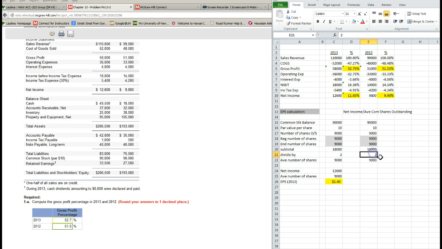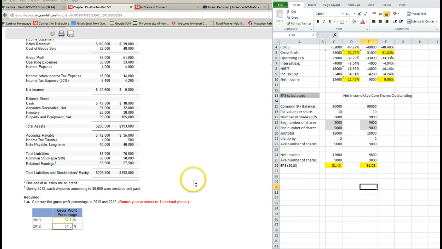We would divide that number by 2 to get the average number of shares for 2012, and that would be 9,000 shares. So again, we would do the calculation, except of course for 2012 net income was $9,800. Average shares were 9,000. And so if we copied our formula over, we would get an EPS of $1.09.